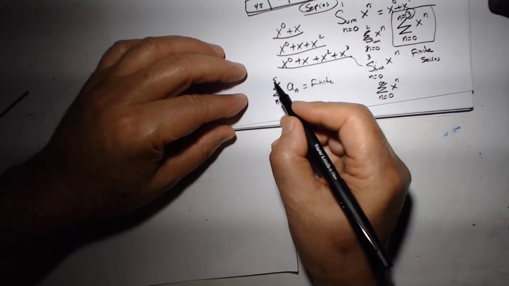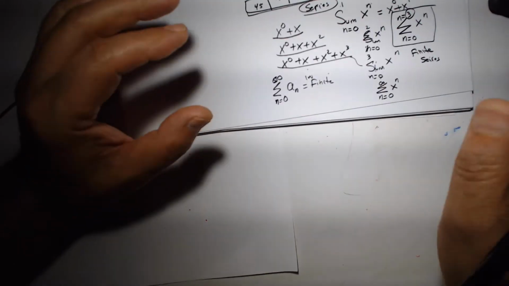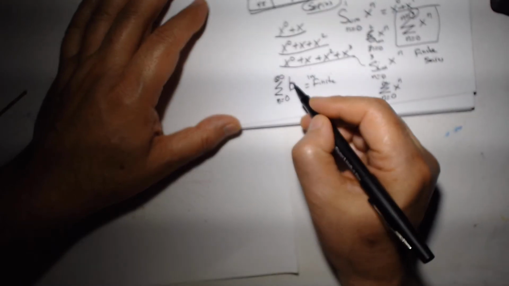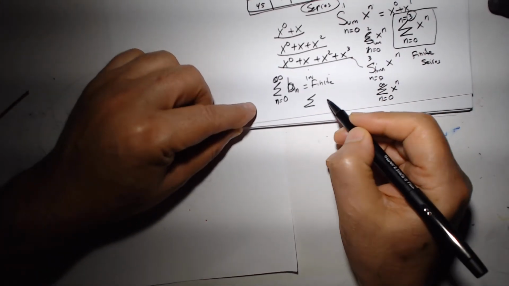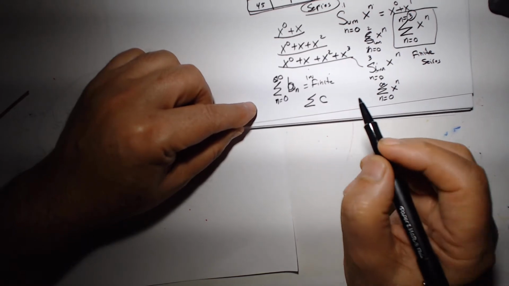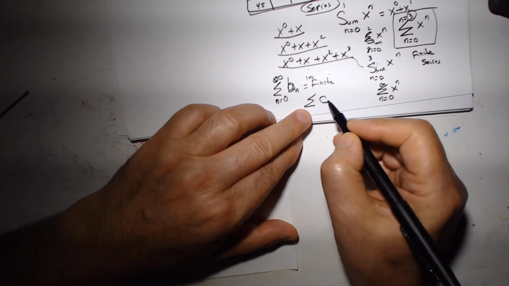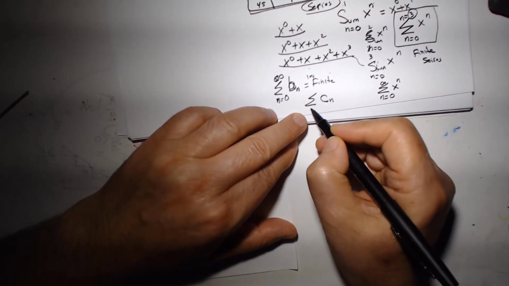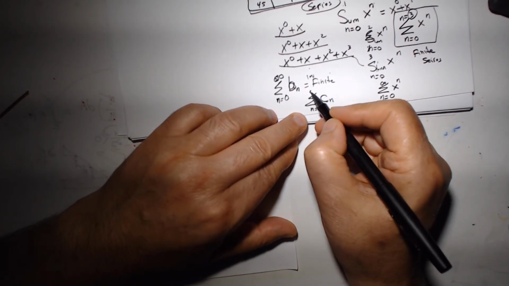But if I change this one to infinity, that's called an infinite series. Sometimes they ask, can I replace this one by b? You're perfectly fine. Can I write the sum of the series? Basically, you're writing the sum of the terms in the sequence when n starts from 1 to 5.